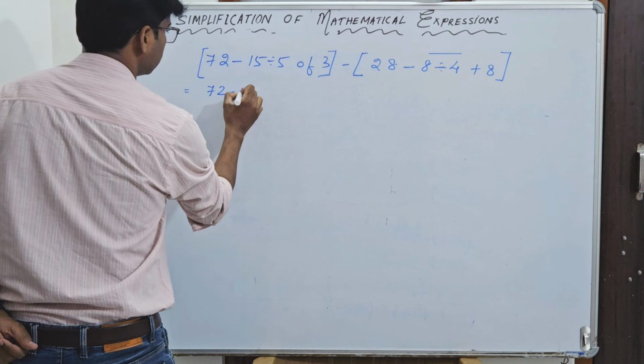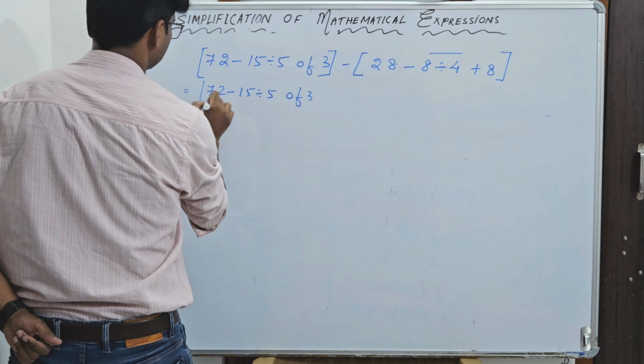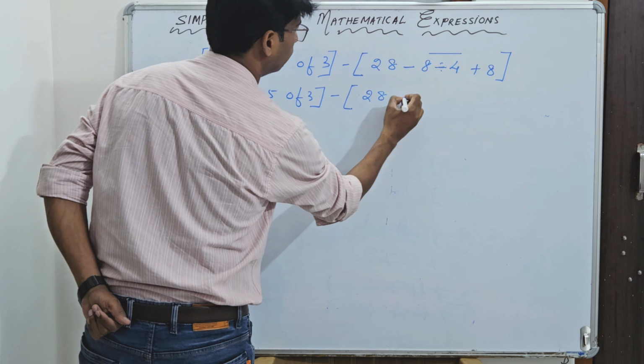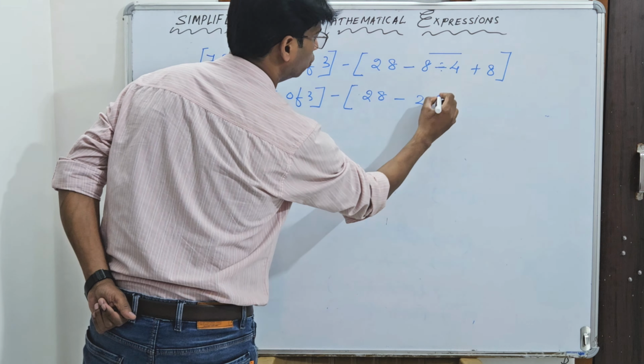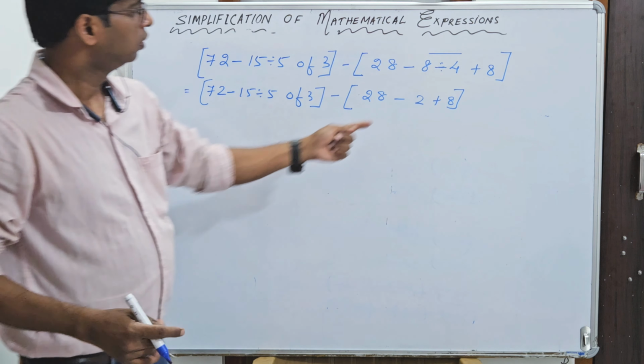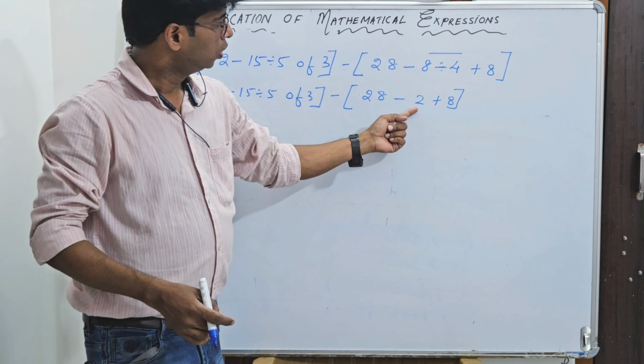72 minus 15 divided by 5 of 3 minus, now 28 minus 8 divided 4 how much? 2 plus 8. Can you get it? 8 divided 4 is first operated, and you got here 2 plus 8.